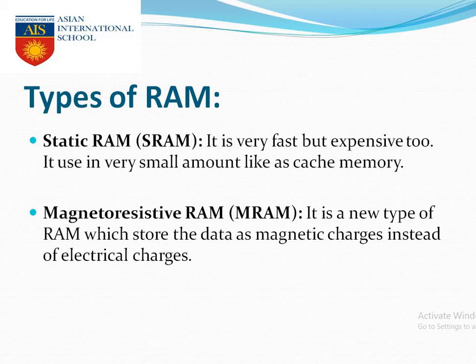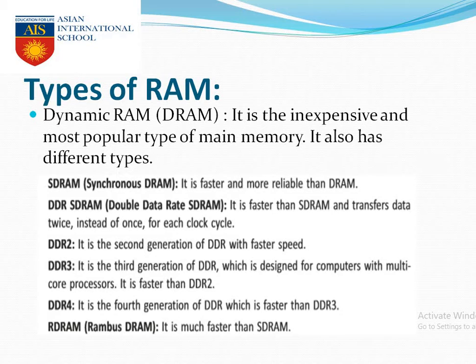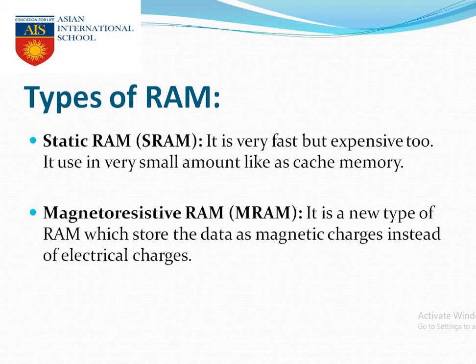Next is the types of RAM. What we are concerned with over here: dynamic RAM is one type, and the other two types are static RAM and magnetoresistic RAM. First, static RAM. It is very fast but very expensive. So we use a little amount of SRAM in our computer as cache memory.